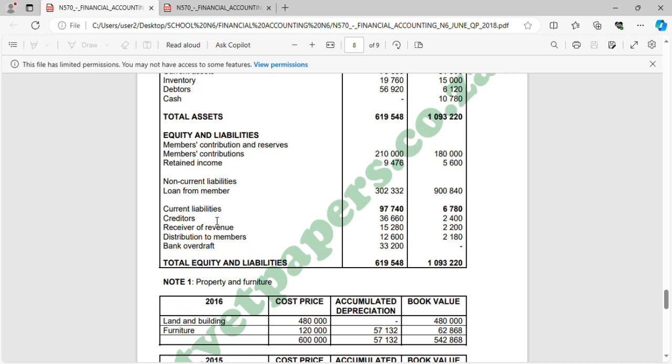So with the creditors, it increased. If it's an increase, it's an inflow. If it's a decrease, it's an outflow. With the creditors, we have 36,660 for the current year, and the previous amount is 2,400. So it increased by 34,260.